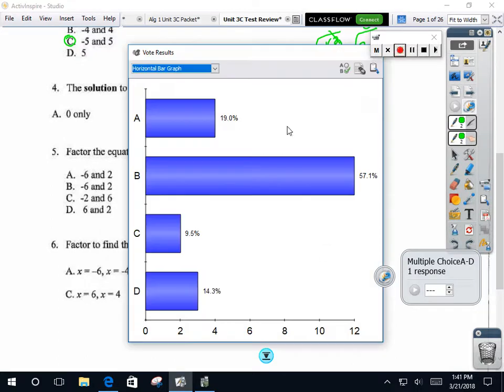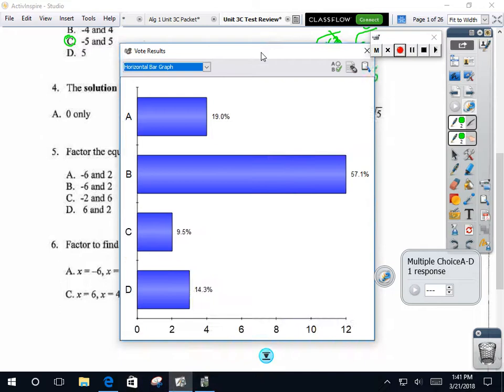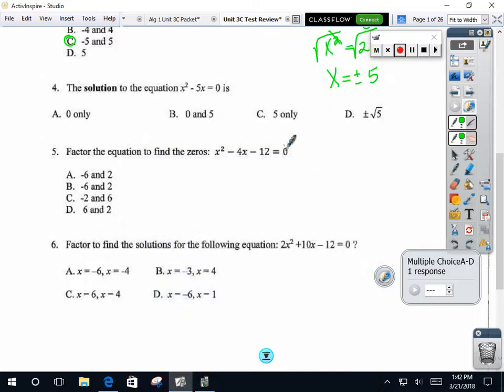Okay, the correct answer is B. Now, I'm going to show you multiple ways you could do this problem, so just put down your pencil and pay attention. If I were working this problem, I would immediately notice that they both have something in common. They both have an x. So I would factor that x out. That's called a GCF. And then what remains is x times x is x squared. X times negative 5 is negative 5x.